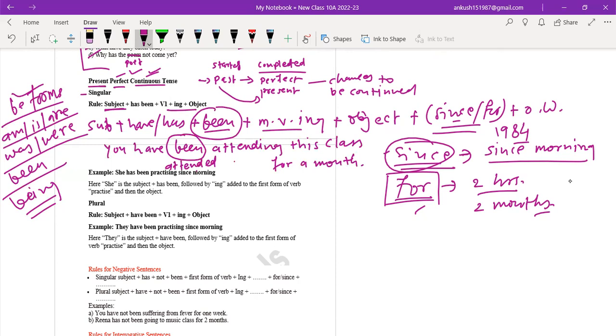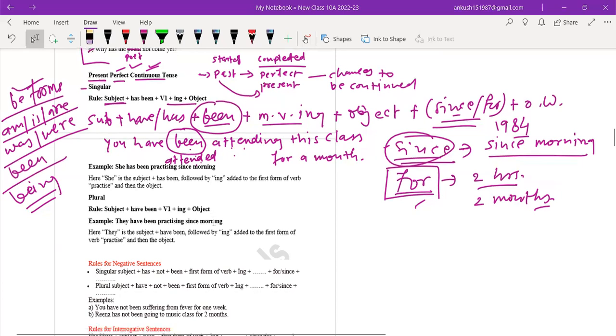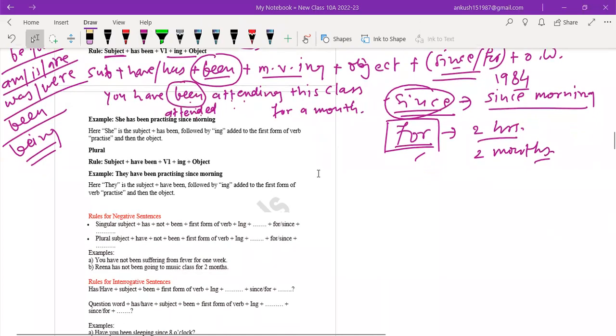That is why, instead of using the third form of the main verb, we use the ing form and we use been to make it perfect. Have you got it? Yes, sir. Got it. So this is why we use been with the ing form.